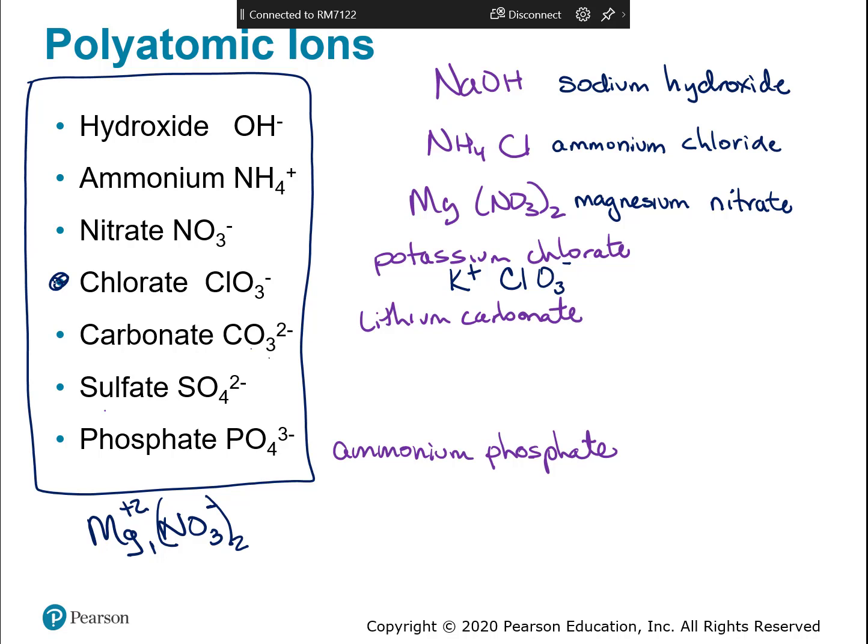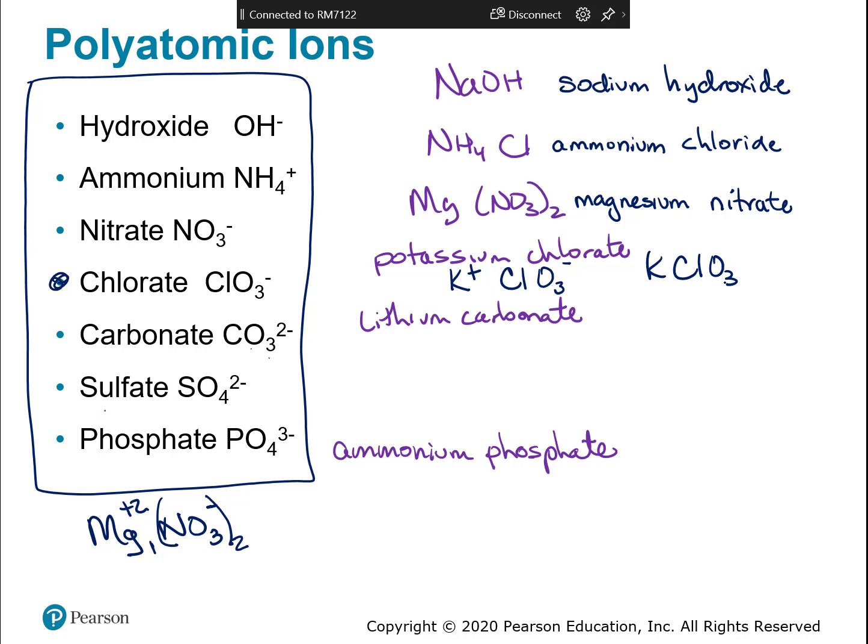So you're just going to write the entire polyatomic with its charge. So this one, pretty simple. Do you see that it's a 1 and 1? Potassium has a +1, the chlorate's a -1. So they're just going to exist as KClO3. I don't have to use parentheses because there's only 1 of each. So just like sodium chloride, you don't have to have more than 1 if they're balanced in their charge.